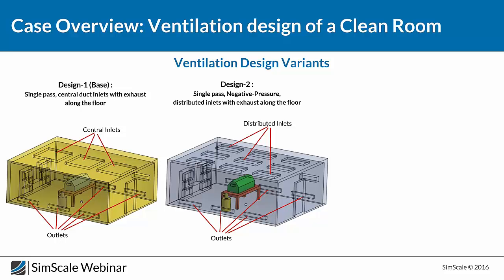So in case there is a connection between these two, maybe a vent is open, a door is open or something, the air is only allowed to enter from outside to the room, so from the places that have high pressure to the places that have lower pressure. The idea is again to not let any of the air inside the room to leave, and this is why it's called a negative pressure clean room. So this was the second design. Again, distributed inlets at the top, but the same layout of outlets at the bottom.